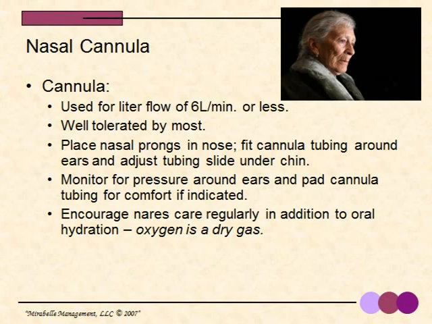You simply place the little nasal prongs in the nose, and then you fit the cannula tubing around the ears and adjust the tubing slide under the chin. You always want to monitor for pressure around the ears and pad that cannula tubing for comfort if it's indicated. And encourage nose care regularly in addition to oral hydration. Don't forget, oxygen is a dry gas.